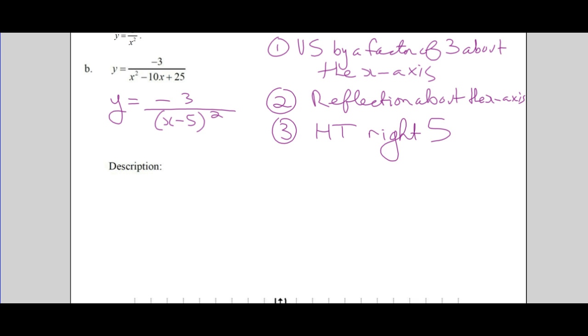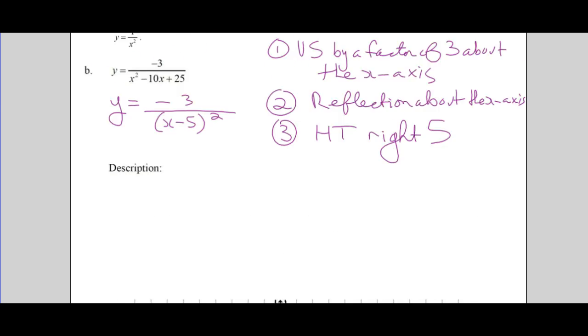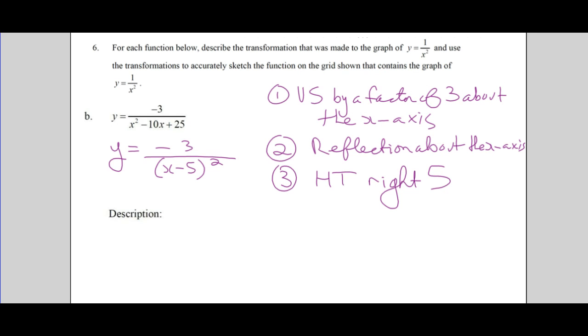Oh, sorry. The description goes down there. All right, so I think what I would do is just do it in this order, because you're only really working with that one point, but then keep in mind, hey, it was reflected.